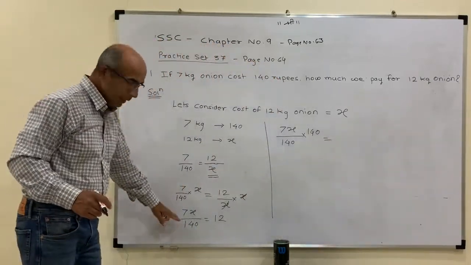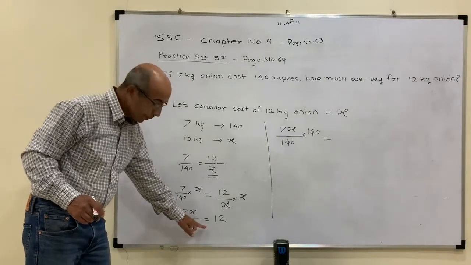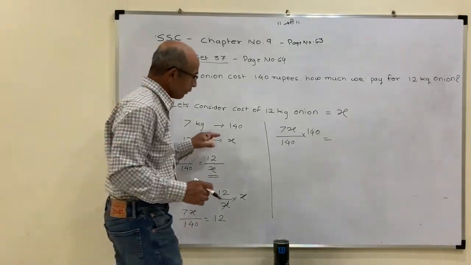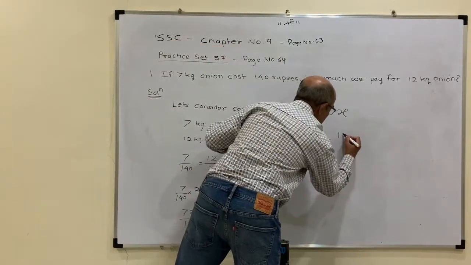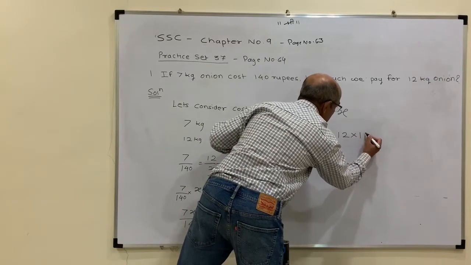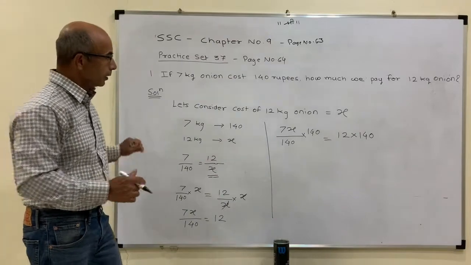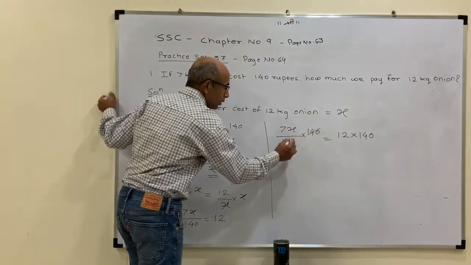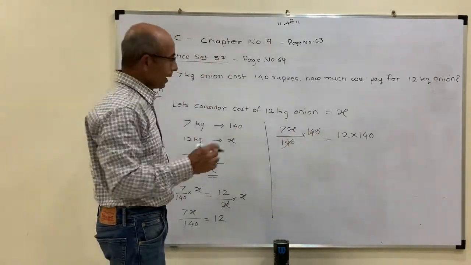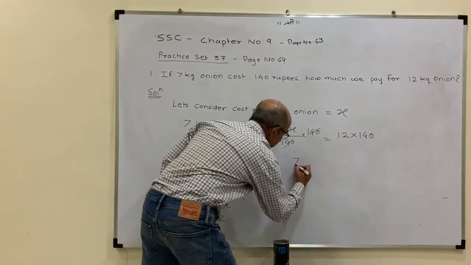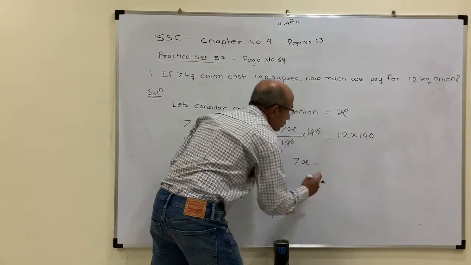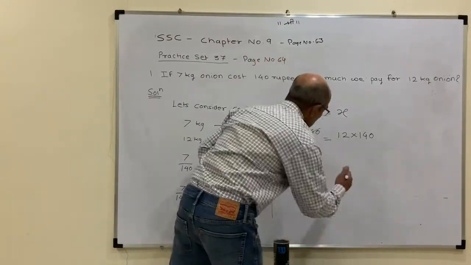Since I am multiplying on the left hand side, to maintain the equality, I have to do the same operation on the right hand side. So it will be 140. Right? This 140 is gone. So my next step will be 7x equals 14 2s are 28.